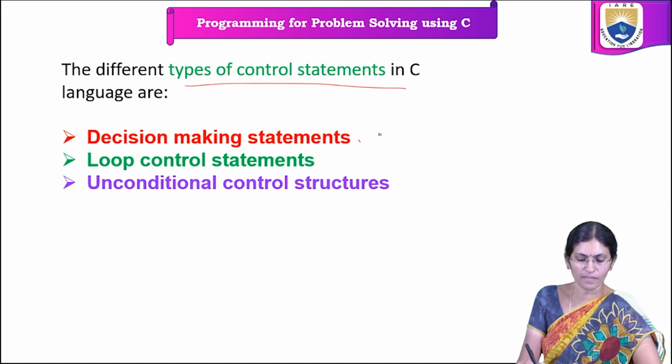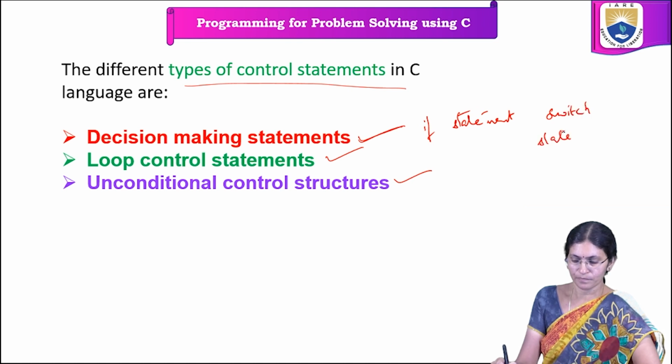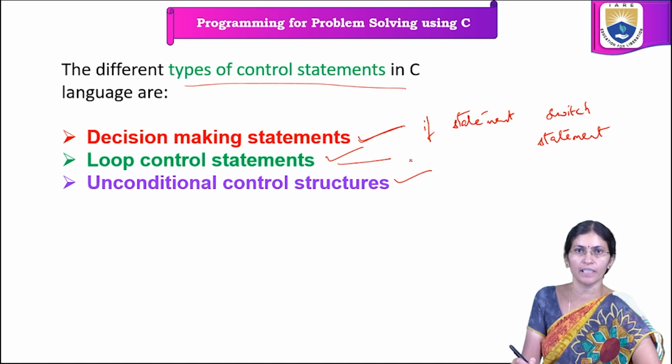The first one is decision making statements, then loop control statements, and the last one is unconditional control statements. In decision making statements we have the if statements and another one is the switch statement. In loop control statements, we have different types of loops.